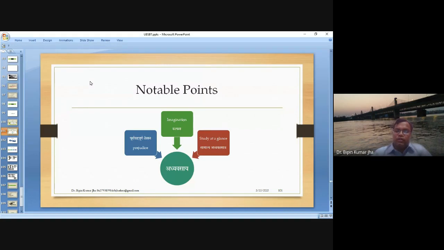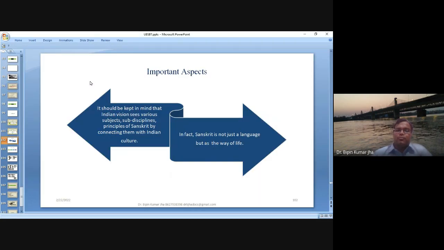And another thing, when you are learning about a Sanskrit text, you need to understand the actual meaning of that particular verb, because for one verb or one object you will find different types of words, and you need to understand why he has used that particular noun or adjective or verb in that particular place.